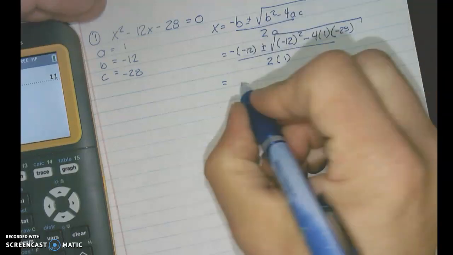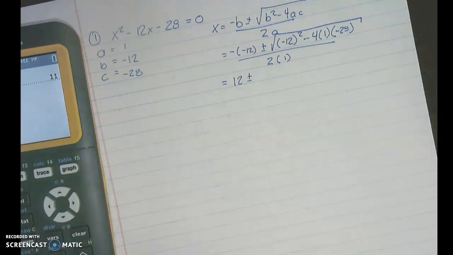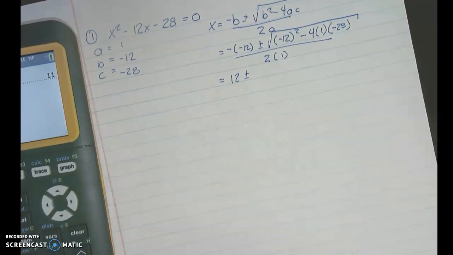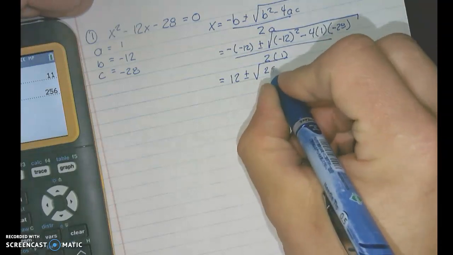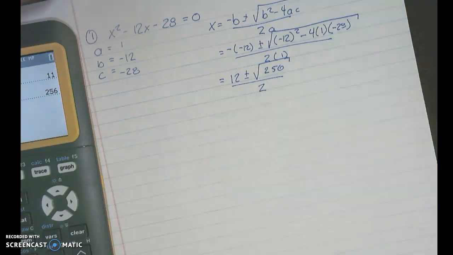So I know this gives me a positive 12 plus or minus the square root of 256, all over 2.